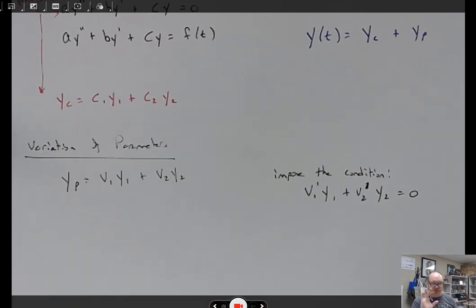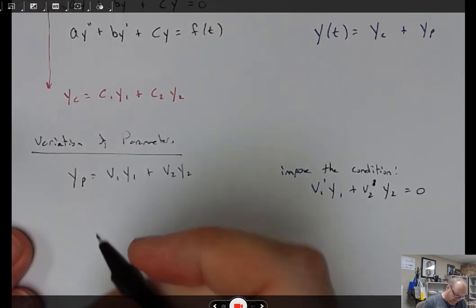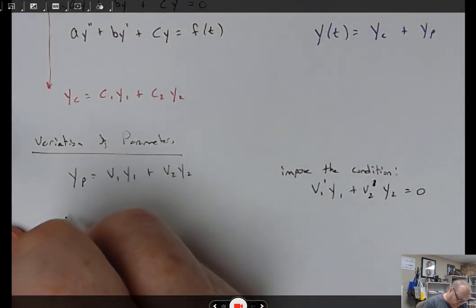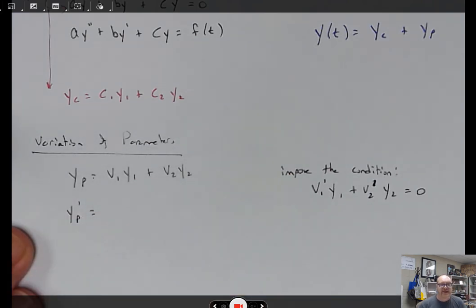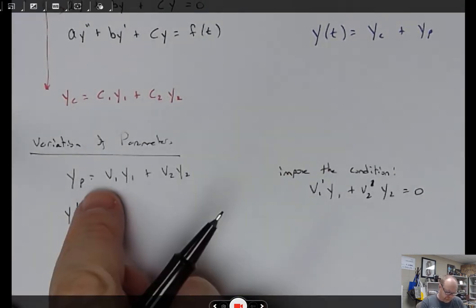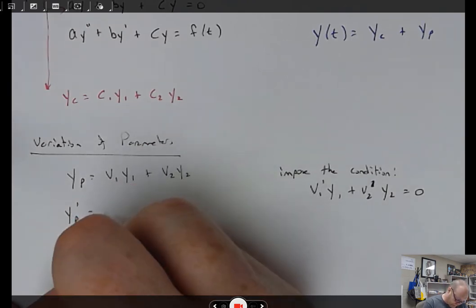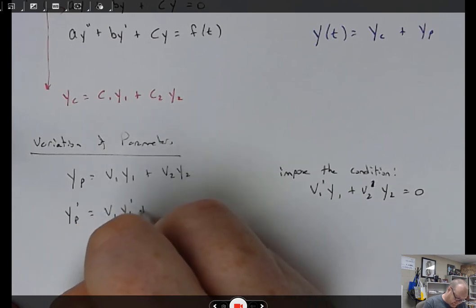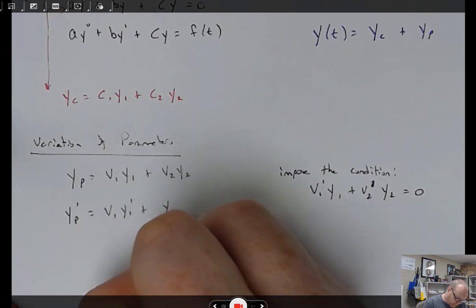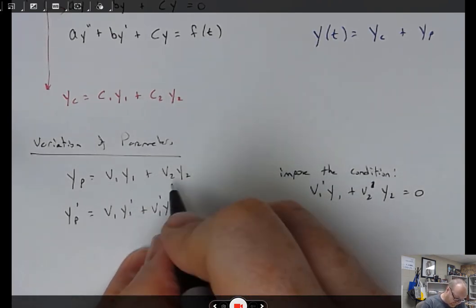So let's step through this particular solution in the context of undetermined coefficients. Again, we're going to get to somewhere easy, I promise, so just stay with me for a moment. If that's y of p, then what does the first derivative of the particular solution look like? This is a function, this is a function. That's product rule, right? So first derivative of the second plus the second derivative of the first. And the same thing with v2 and y2.